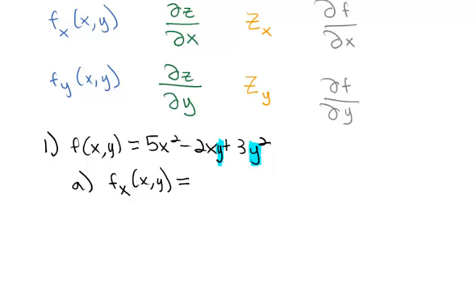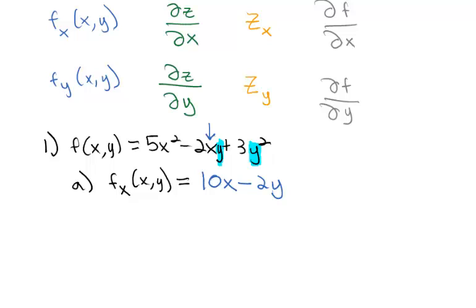And so we look first at the 5x squared. We're taking the derivative with respect to x. We've done this before. That's going to be 10x. Minus, we've got 2xy. x is the only variable here. The 2y is a constant, so we just bring the 2y out front, and the derivative of x is just 1.